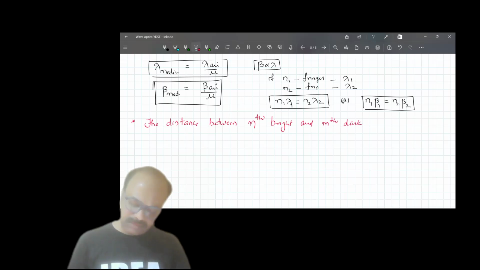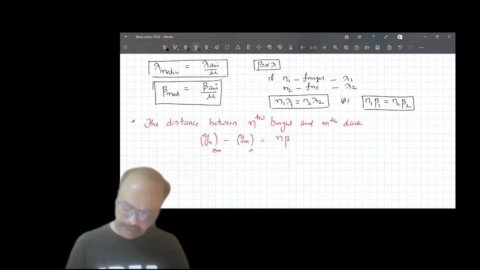If they ask what is the distance, we can write yn bright minus ym dark, that is equal to n beta minus (2m minus 1) by 2 times beta.